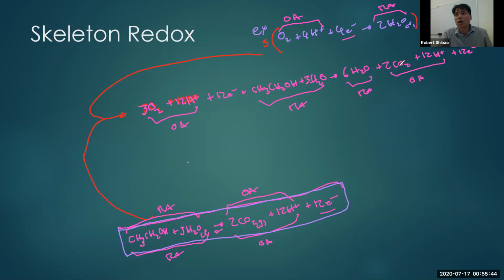CO2 is not on the chart, but we know from experience, what's a better oxidizer, O2 or CO2? O2. And so just based on experience, we say we're going from stronger to weaker.